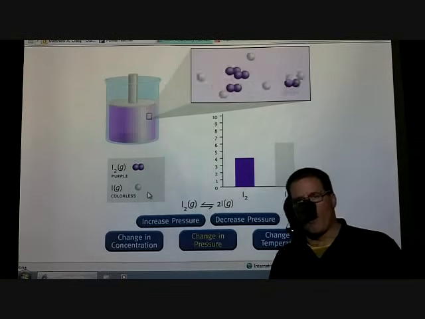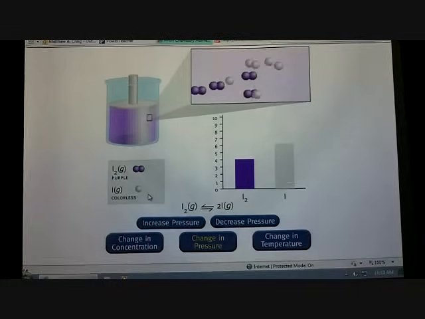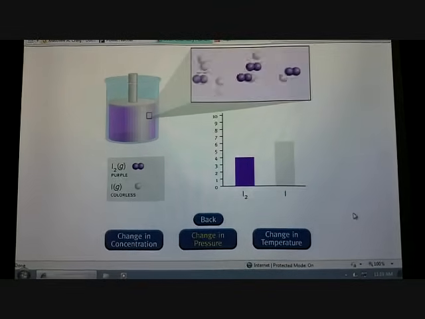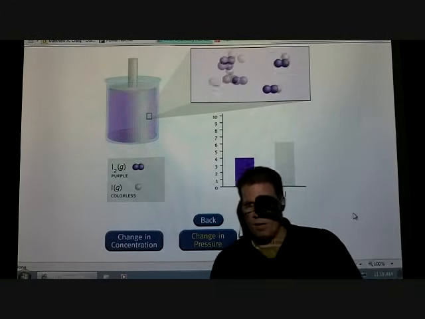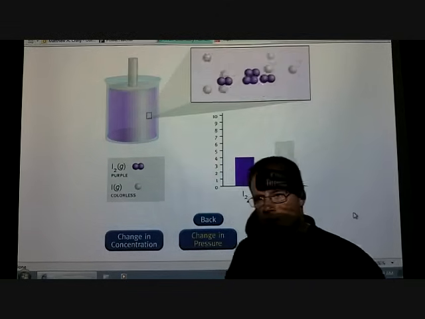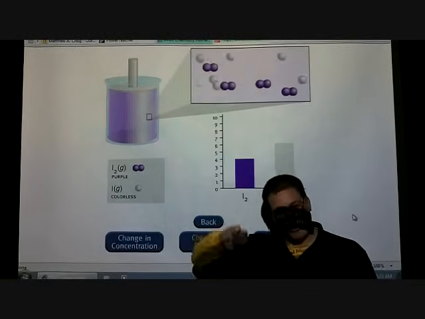Okay, so we're back to our original condition. Let's go ahead and decrease the pressure. By decreasing the pressure, that means that our volume is getting larger. So if our volume gets larger, what happens to the pressure of the gas? Well, it gets lower.